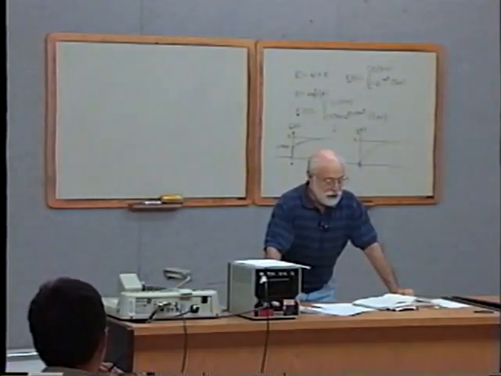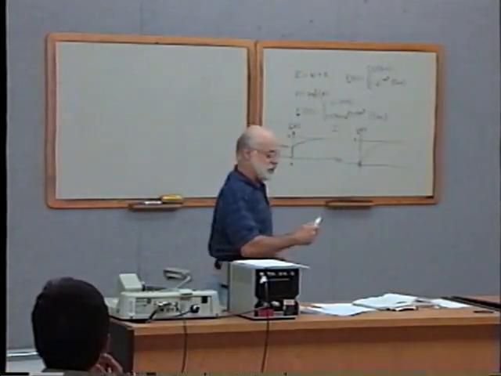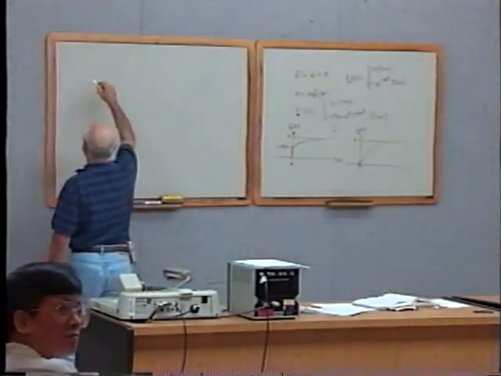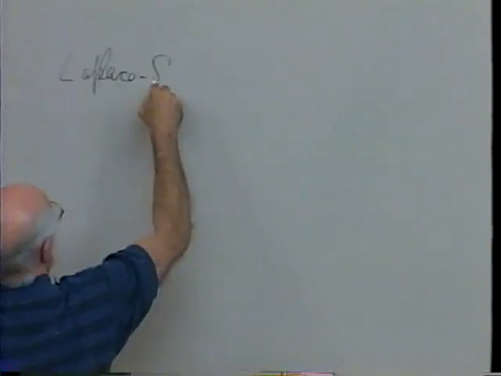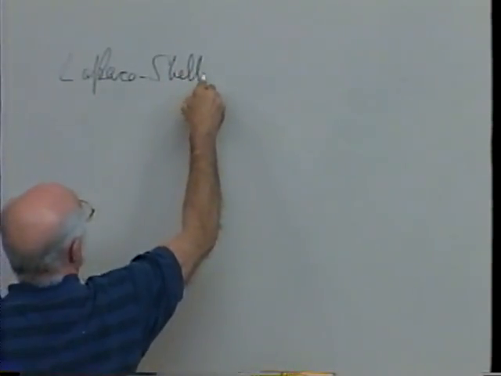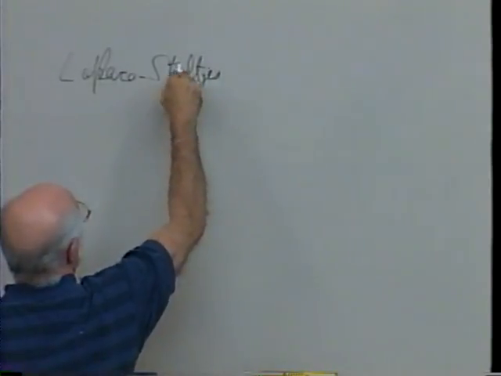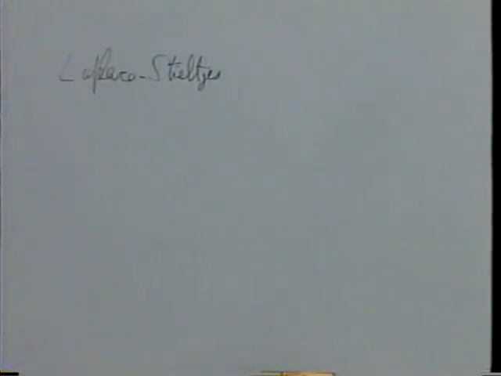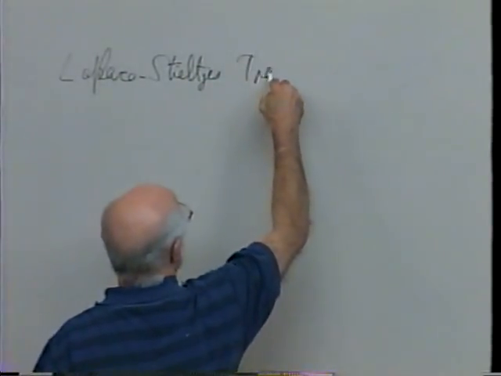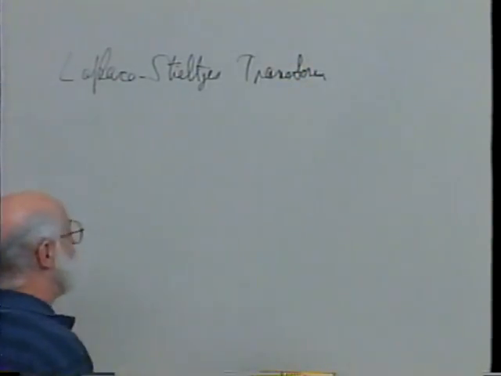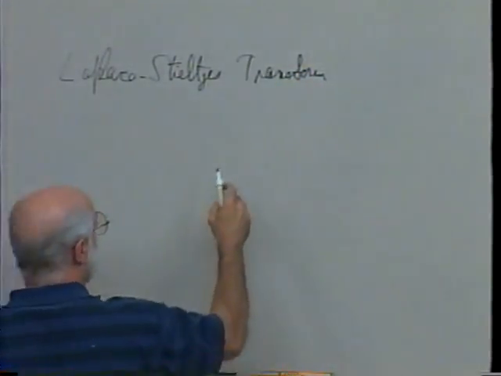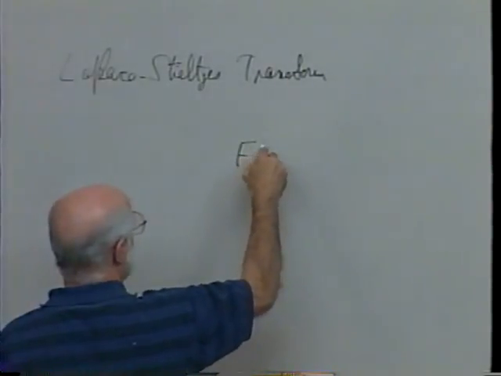Okay, so now let me define the Laplace transform. I'll spend some time on this because this turns out to be the key tool that represents the step from elementary queuing theory to middle queuing theory. So we have the Laplace transform. The idea is that suppose I have some random variable that has a distribution function f.